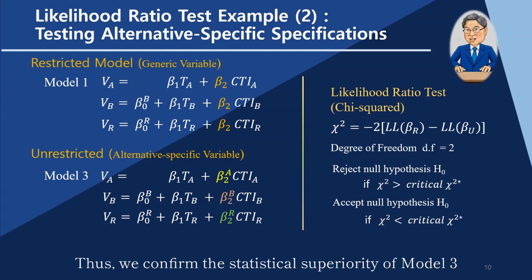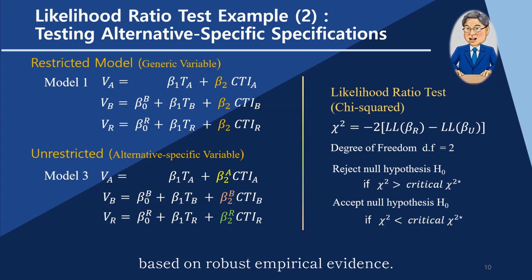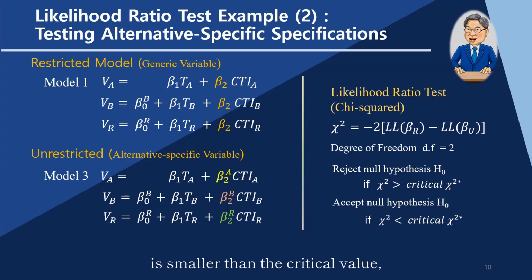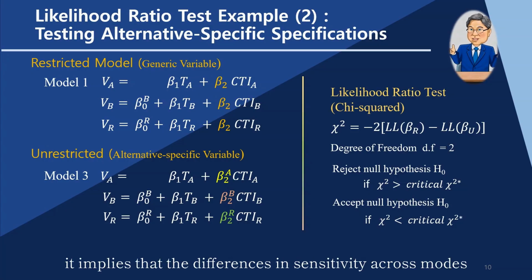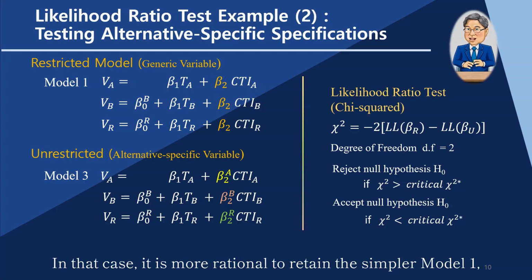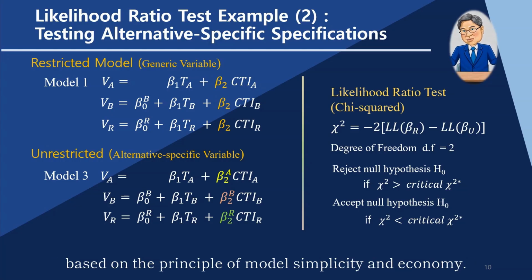Thus, we confirm the statistical superiority of Model 3 based on robust empirical evidence. Conversely, if the calculated statistic is smaller than the critical value, it implies that the differences in sensitivity across modes are statistically negligible. In that case, it is more rational to retain the simpler Model 1 based on the principle of model simplicity and economy.